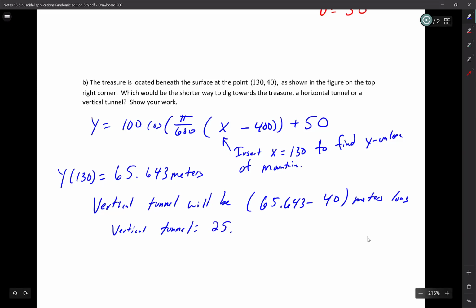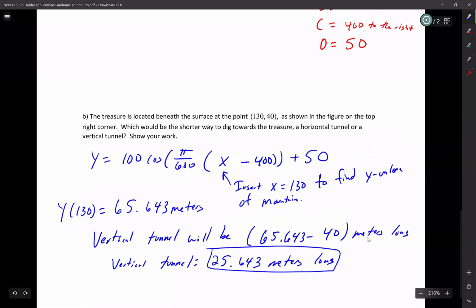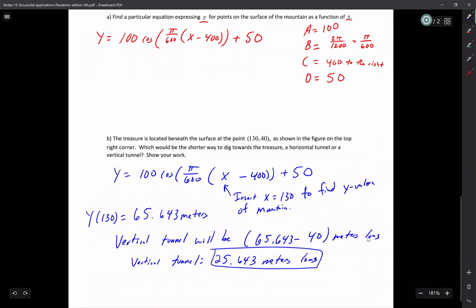So it should be 25.643 meters. And I'm going to put that there. All right, now I'm going to do the one in green, the horizontal.